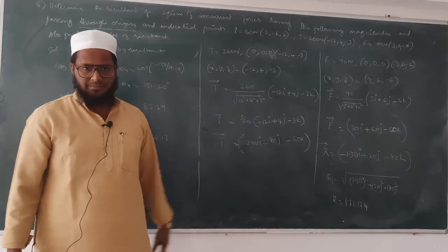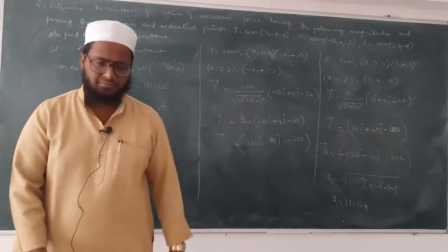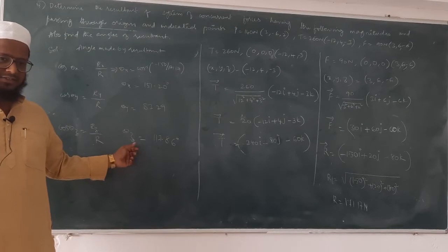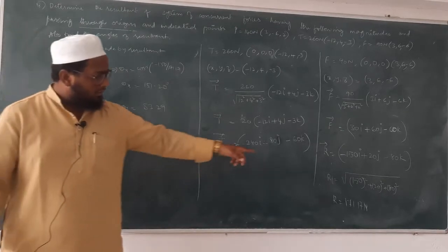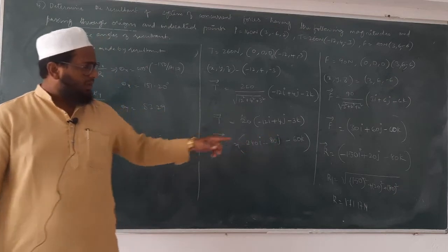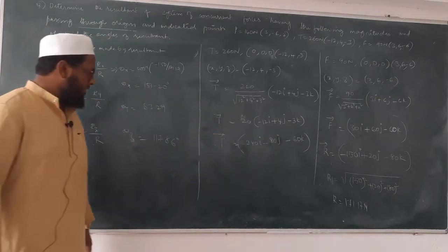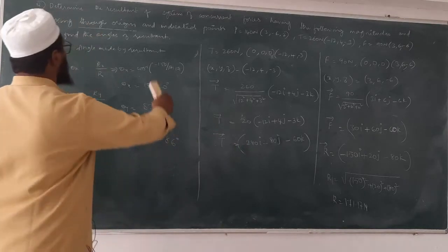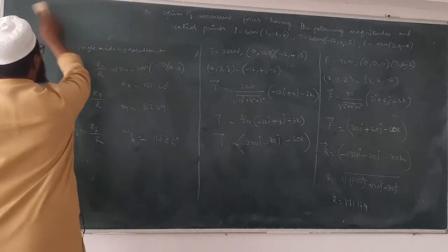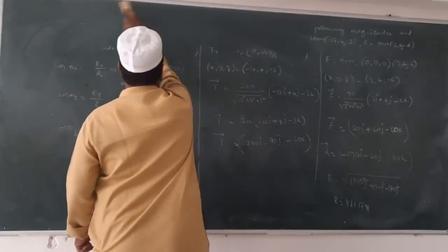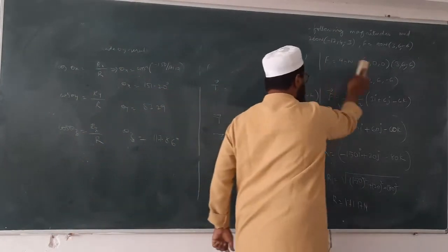Okay, understood? Copy down this one. So make a correction of this one. If you enter minus 80 by R, you will get 117.86. Okay. Take down another question. Another question is also about resultant. Each and every topic is being covered.